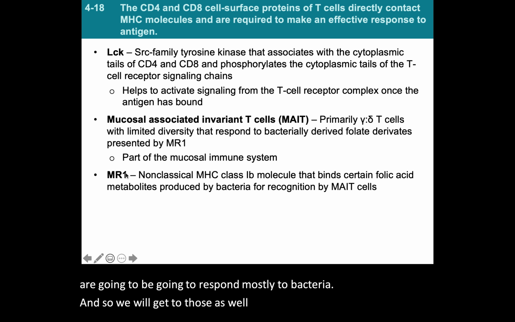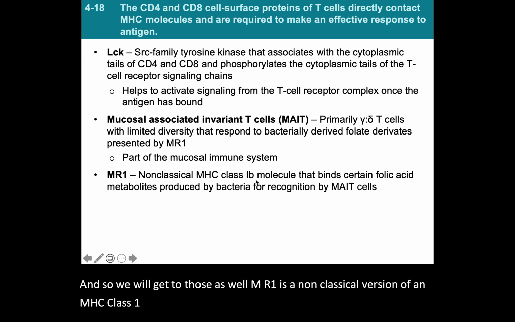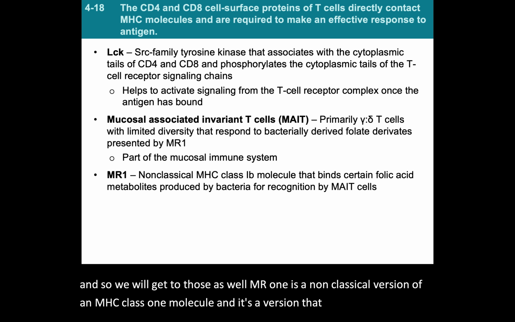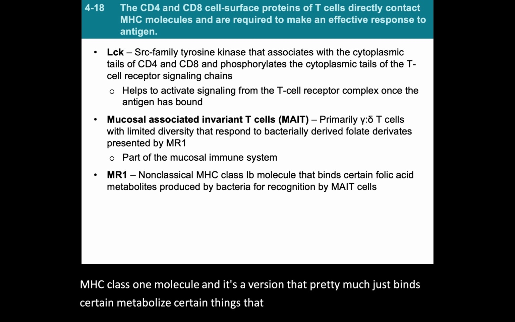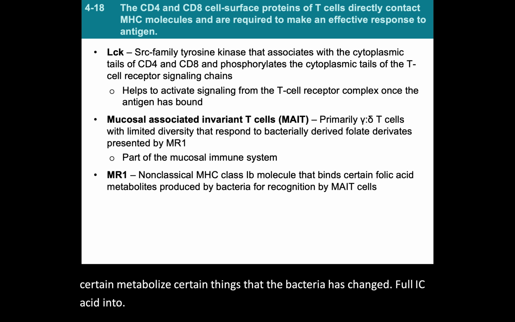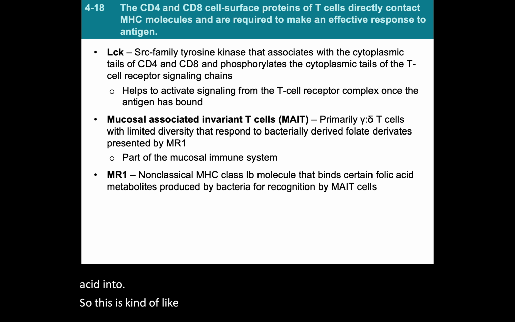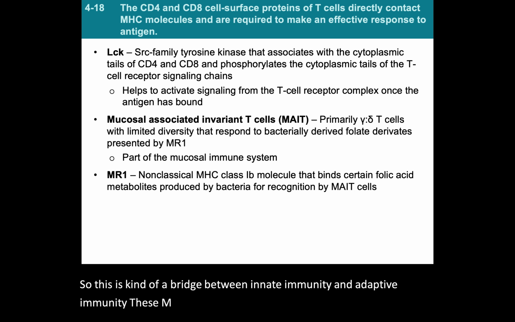MR1 is a non-classical version of an MHC class 1 molecule. And it's a version that pretty much just binds certain metabolites, certain things that a bacteria has changed folic acid into. So this is kind of like a bridge between innate immunity and adaptive immunity. These MAIT cells, which are mostly gamma-delta cells, are going to be found on mucosal membranes.